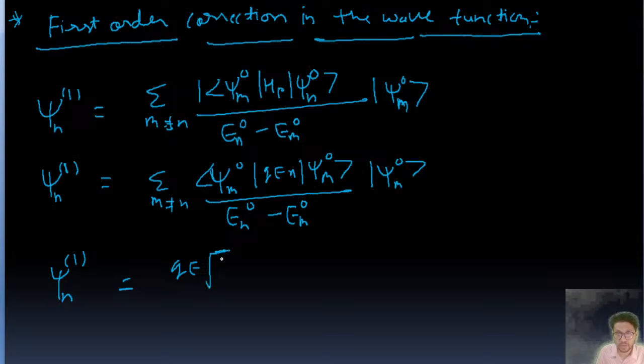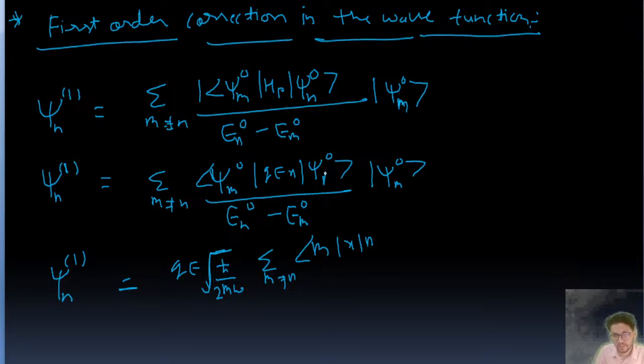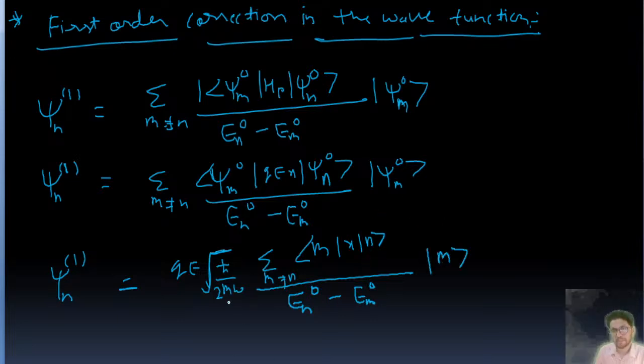So that is root h cut upon 2m omega, which will be outside, and m not equal to n, and this is going to be m x n upon En naught minus Em naught, and this is going to be psi m. Okay, so I'll proceed further.